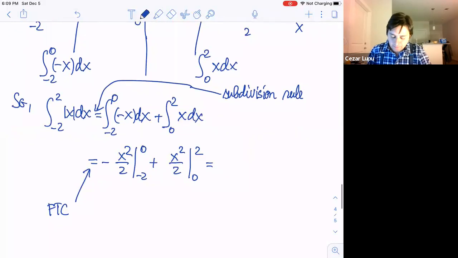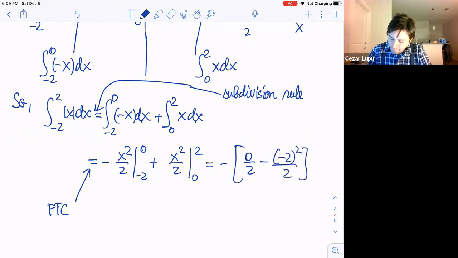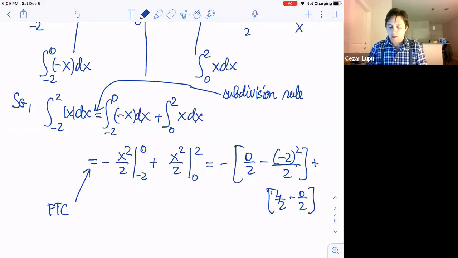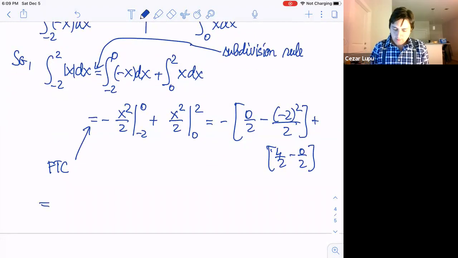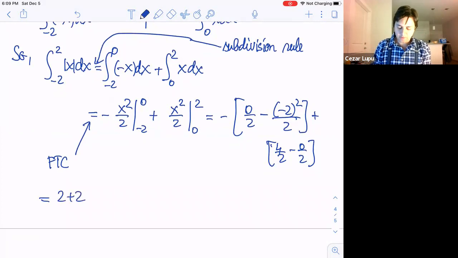This would give us negative, 0 over 2 minus negative 2 squared over 2, plus 4 over 2 minus 0 squared over 2. It's just the computations: 4 minus 2 plus 2 minus 2, so this will be 2 plus 2, which is 4.